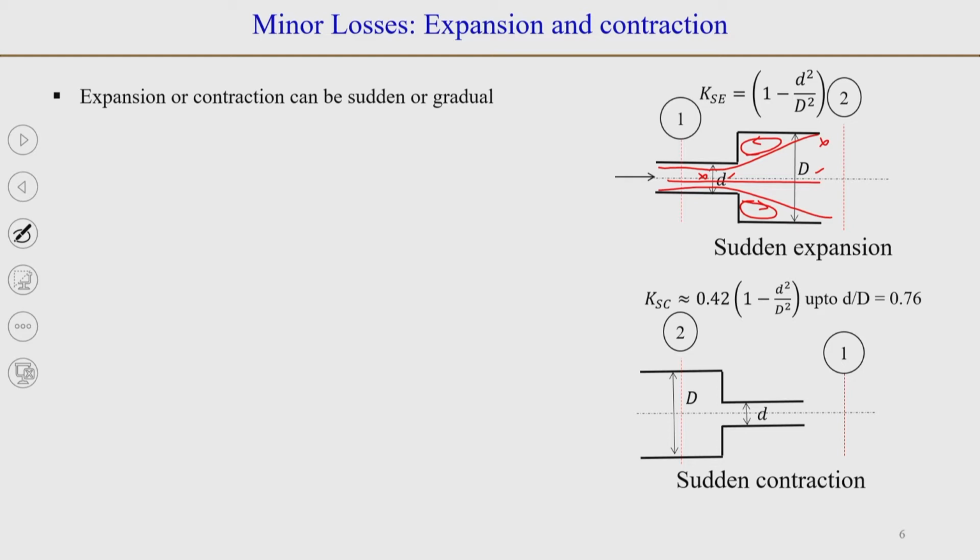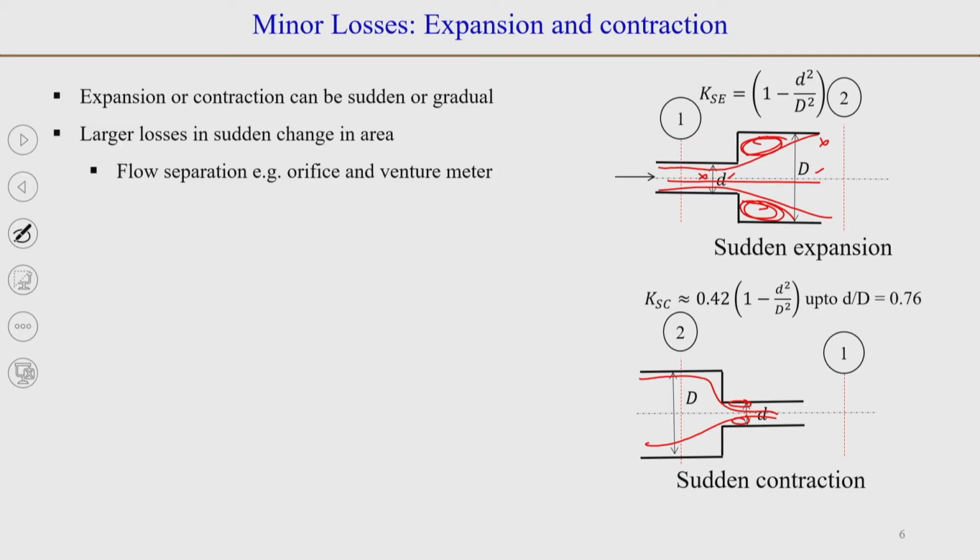So, you will have the flow separating here and the recirculation. Okay. Similar to what we saw at inlets, you will have vena contracta forming in this case, and there will be lossage.